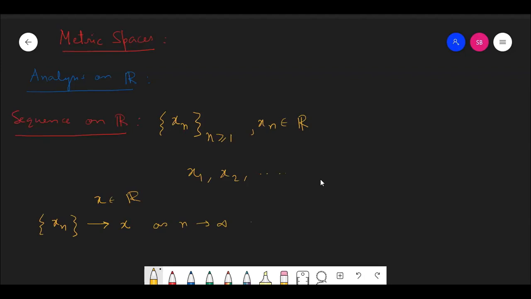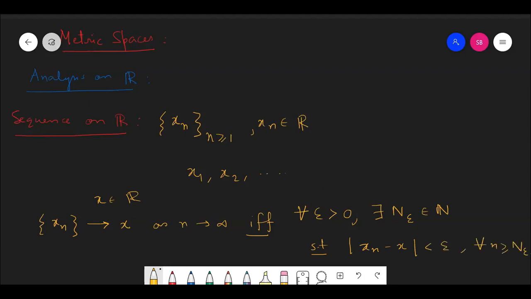So the definition of it is, for all epsilon greater than 0, there exists n epsilon in the natural numbers. So this n will depend on epsilon. Such that |xn minus x| is less than epsilon for all n greater than or equal to n epsilon. So this is the definition of a sequence to be convergent in R.